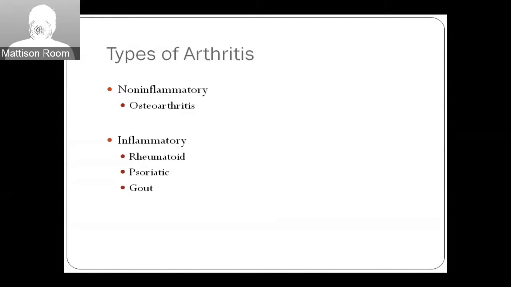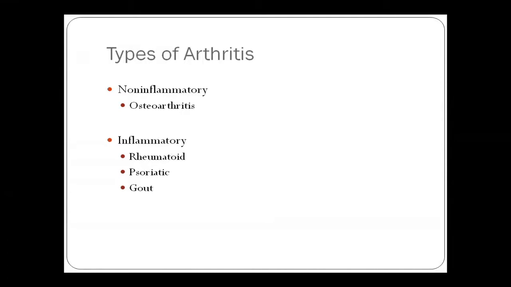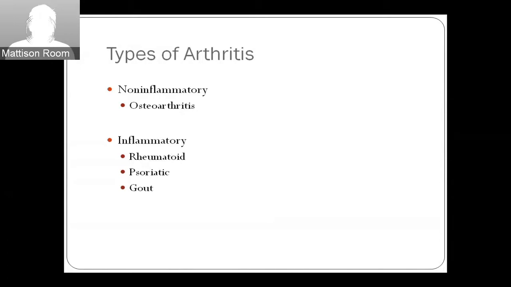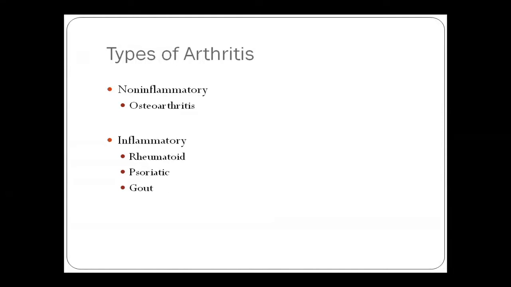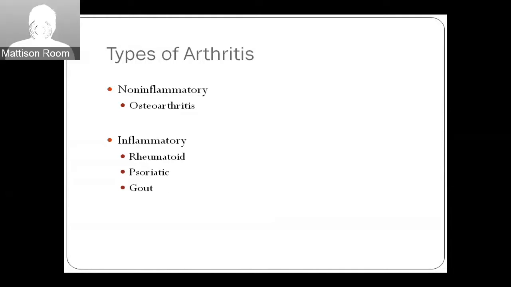Generally speaking, there are two main types of arthritis. You've probably heard of rheumatoid, and you've probably heard people say osteoarthritis. Well, the big categories are the non-inflammatory and the inflammatory. That's what we learn in medical school and through residency.